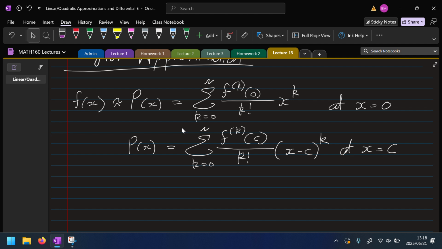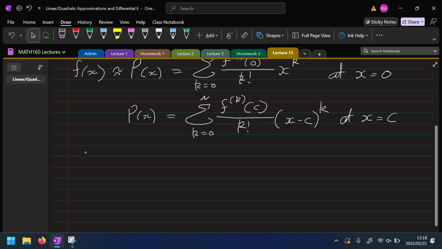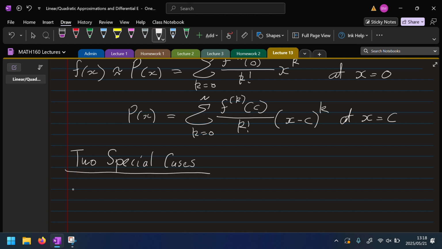However, now we're going to look at two special cases, the linear approximation and the quadratic approximation. Of course, you can do higher approximations, but we're only going to be looking at these two special cases. Number one is the linear approximation.